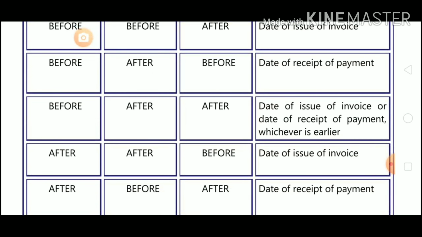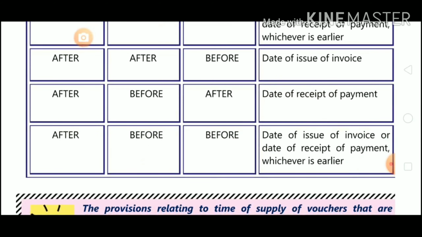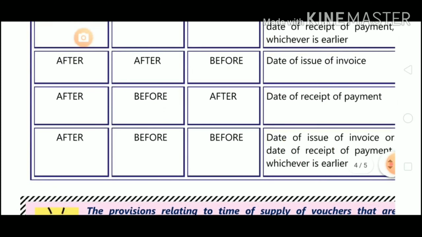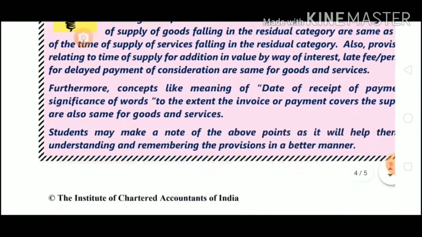Next case, two events are taking place after, so new rate and time of supply will be the date of receipt of payment. Now two events are taking place before change in rate of tax, that is invoice and payment. So when invoice and payment are together, we'll take the earlier of these two dates. Okay, so this completes our section 14.